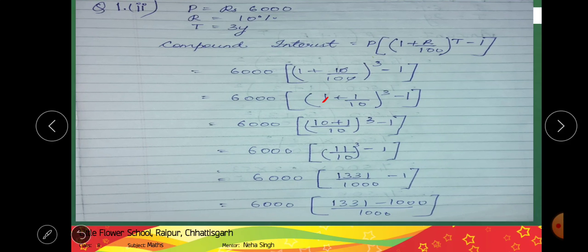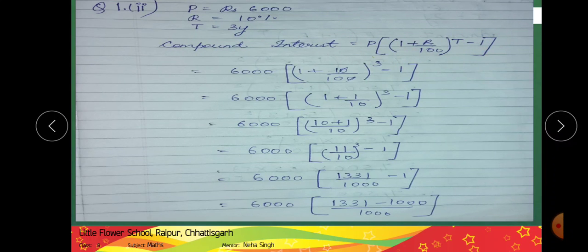Now see, the principal given is 6000, rate is 10%, and time given is 3 years, right? So now compound interest will be P into 1 plus R upon 100 power T minus 1.